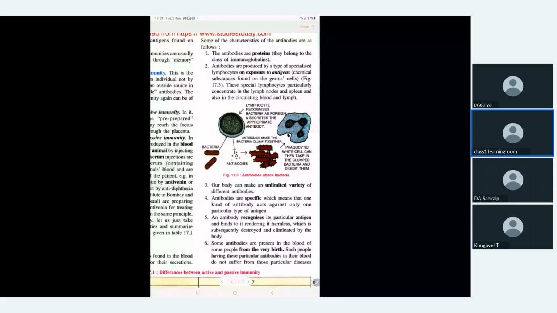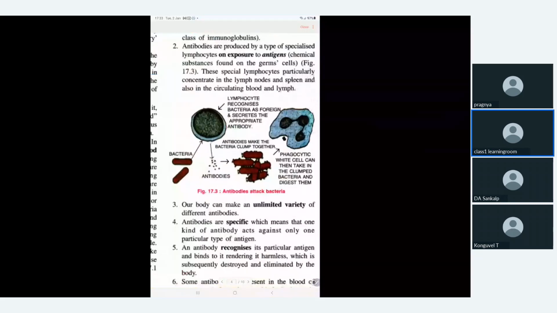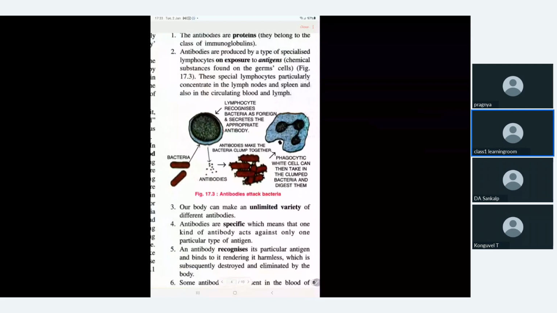The other type of cells, phagocytic cells, a kind of white blood cell, called what? Neutrophil. How do you say the image on the top right is a neutrophil? Can someone tell me? It is a neutrophil.